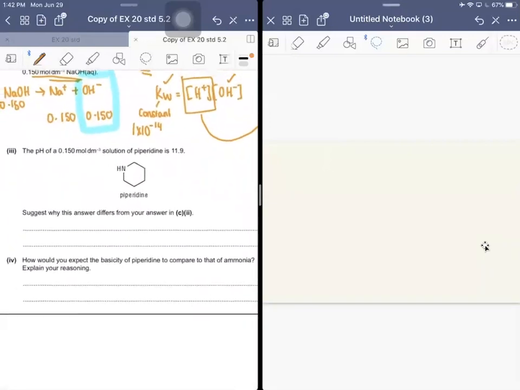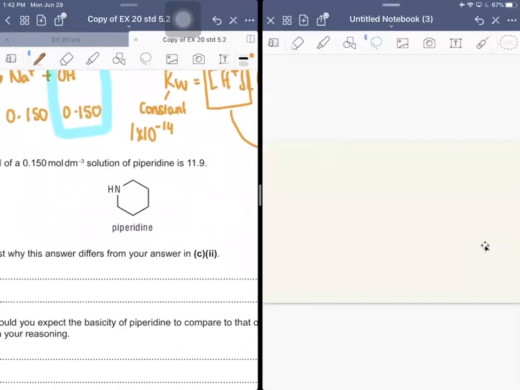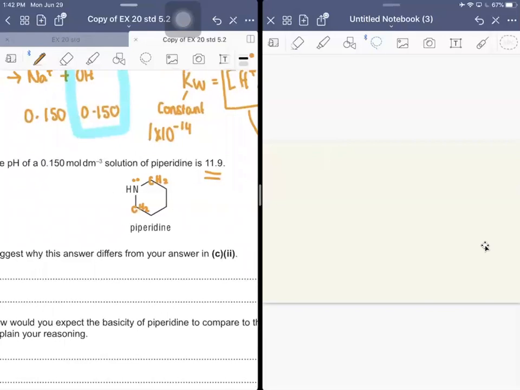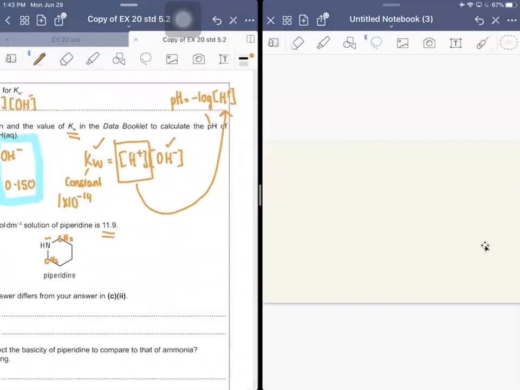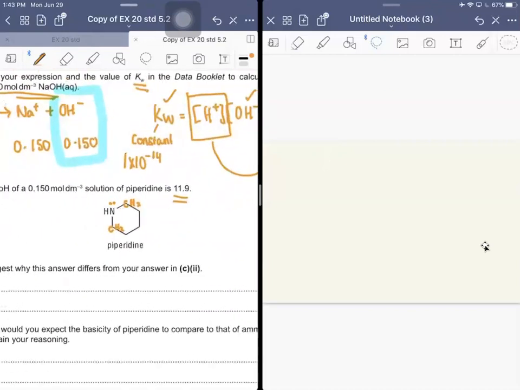The next question, a solution of piperidine. The moment you see a nitrogen attached to what looks like an alkyl group or another carbon, then that nitrogen is most likely going to act as a base. If it has a lone pair, then it is going to act as a base. The pH of piperidine is 11.9, but the pH of sodium hydroxide would be somewhat higher, as you know, because sodium hydroxide is a strong base, and piperidine is a weak base.